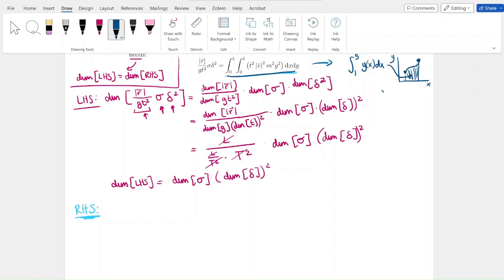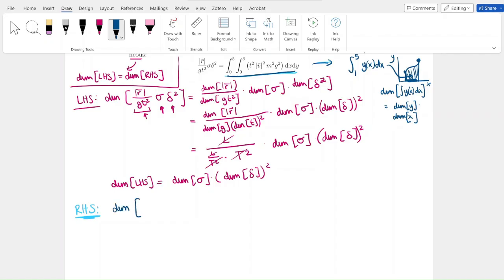So that means that the dimension of an integral y of x dx is going to be equal to the dimension of y times the dimension of x, because this is just an area. If you were to find this area normally, you would do something like x times y. So that's how we know what the dimension of an integral is. So we can reduce these integrals into the dimensions.